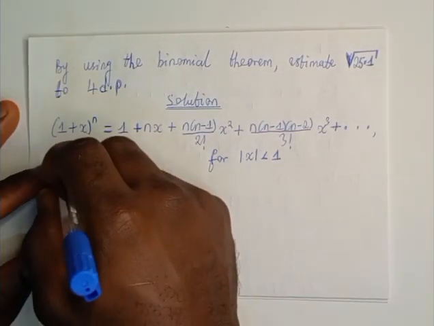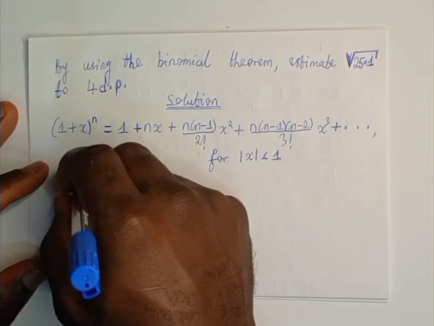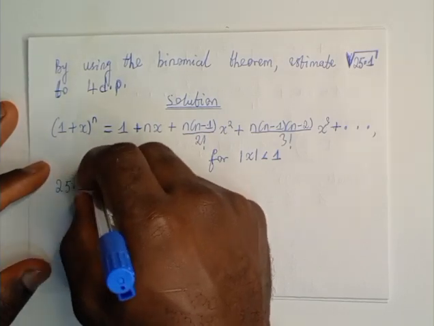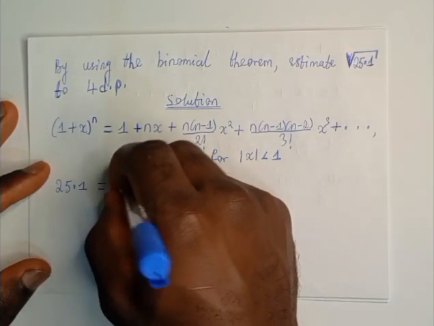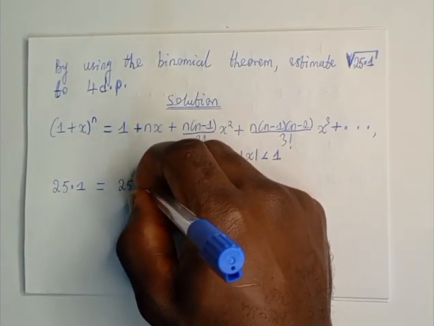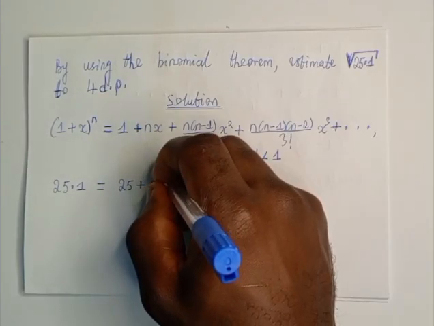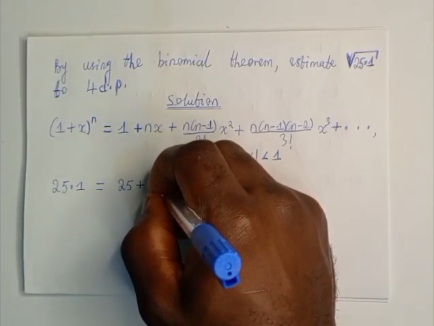Now, if we take the number 25.1, we know this is the same as 25 plus 0.1.